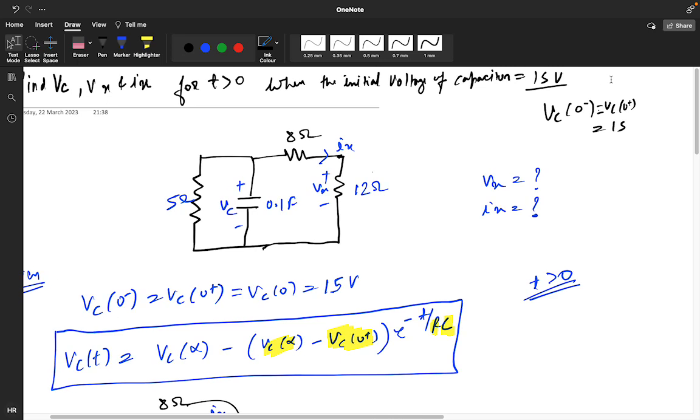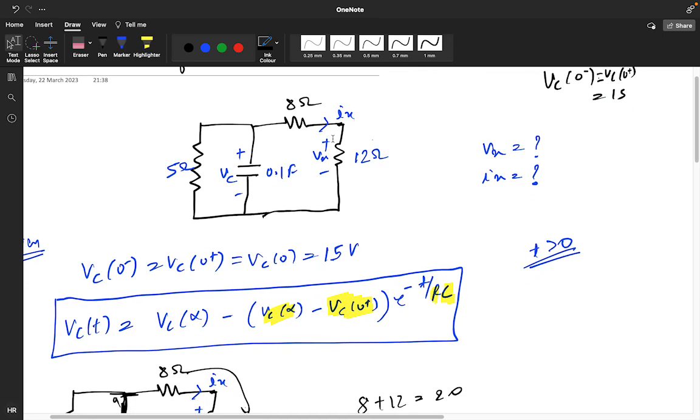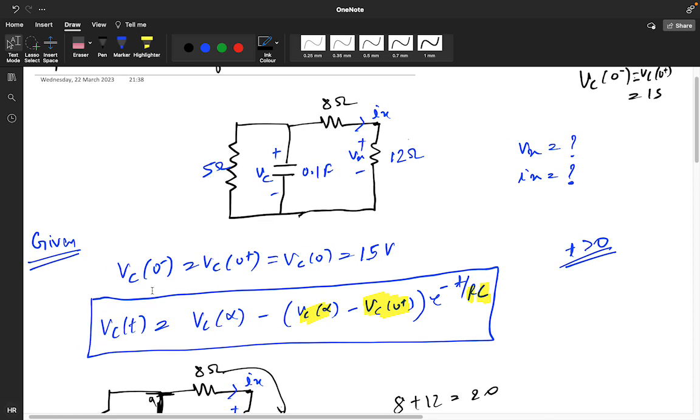Now Vc0 minus equals Vc0 plus equals 15. So you need to find the Vx value, the voltage across the resistor, and the Ix value. For that we know one equation, the voltage across the capacitor formula: Vc infinite minus Vc0 plus, e power minus t by RC.